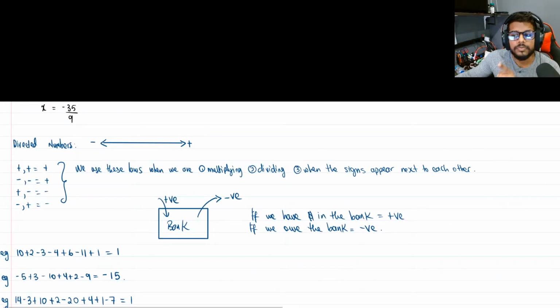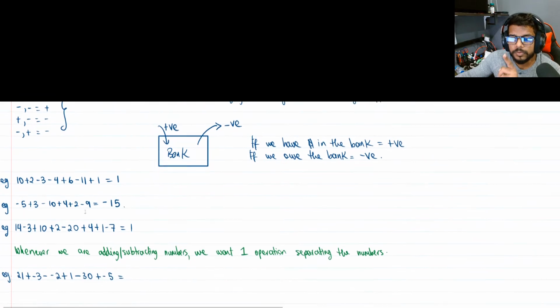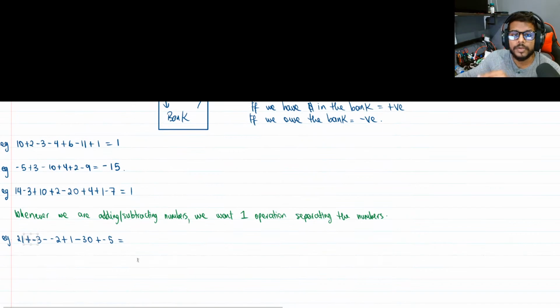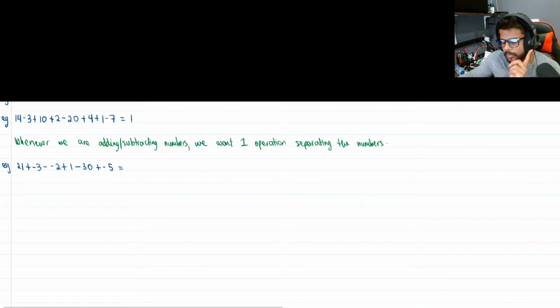These are the laws I'm going to use. Now, if you notice here, the signs appear directly after each other. So I'm allowed to use my laws. These are my 4 laws for my operations. So let me go and use the laws here. Remember, in the back of our head, if the signs are the same, it's a positive. If the signs are different, it's a negative.